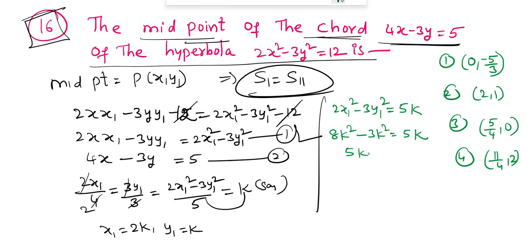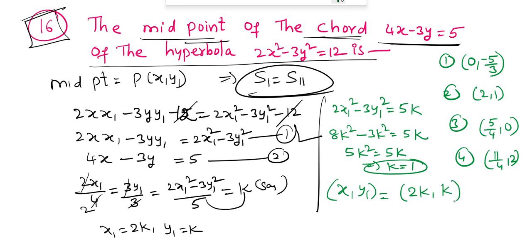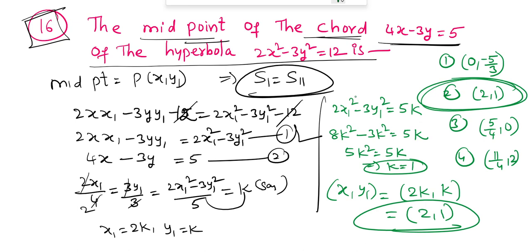From this, 5k square is equal to 5k. 5k cancels, so k is equal to 1. Therefore, the midpoint of the chord (x1, y1) is equal to (2k, k). Here the k value is 1, that is (2, 1). This is the midpoint of the chord to the hyperbola. For this, the second option is the correct answer.